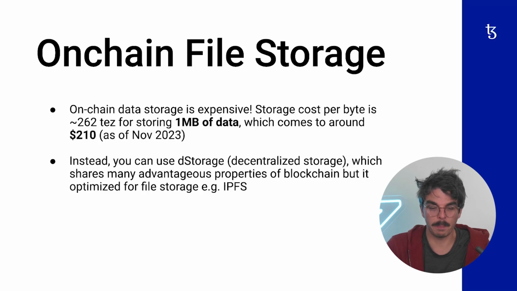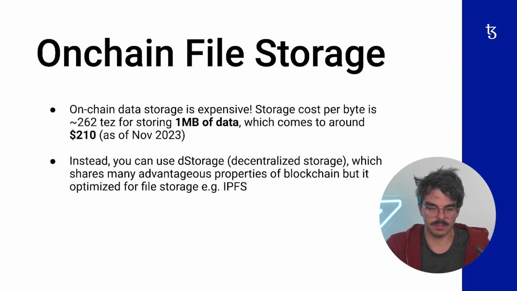The cost per byte would come to about 262 tez for storing just 1 megabyte of data, which as of November 2023 is about $210. That is very, very expensive for storing 1 megabyte of data.